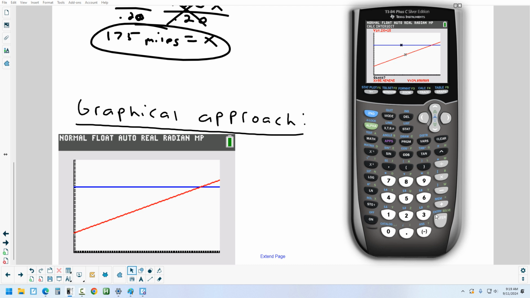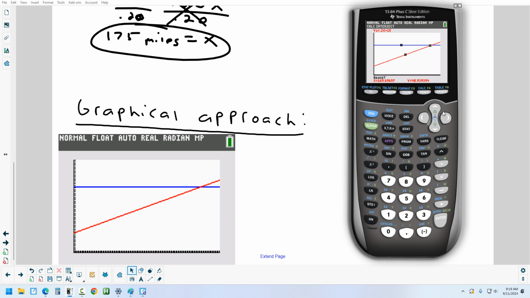So now you've told the calculator which 2 lines you want to use. And the last thing is the guess. In this particular problem, the guess doesn't matter. You could hit enter right where it is. Right? But I'll show you why the guess is important in another kind of problem. But if you want to put the guess kind of close to where you think they cross, you can. Again, it will make no difference.